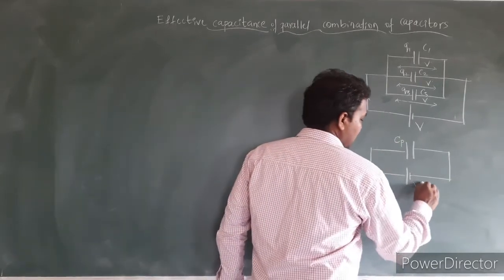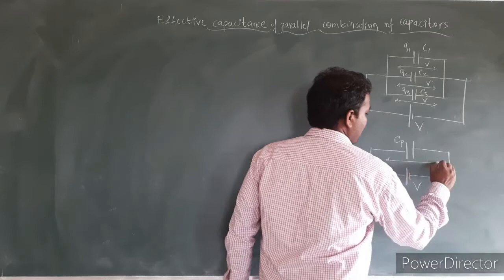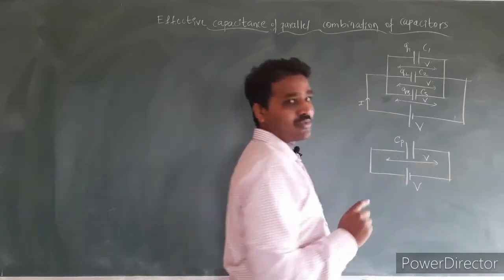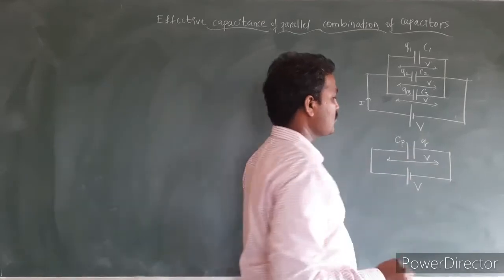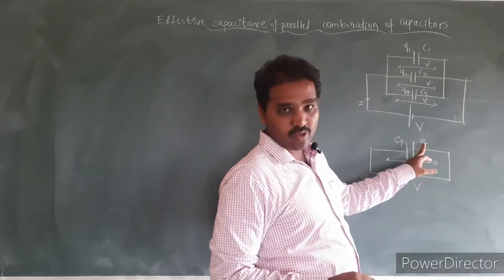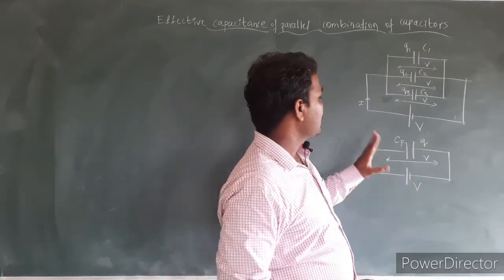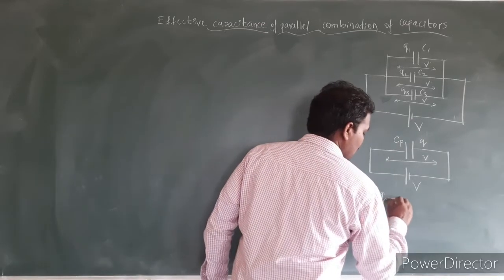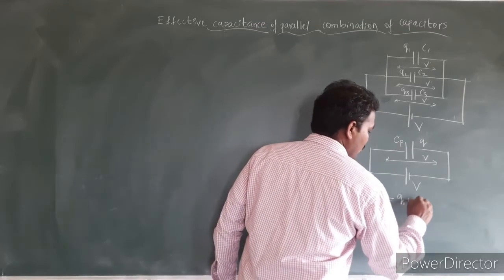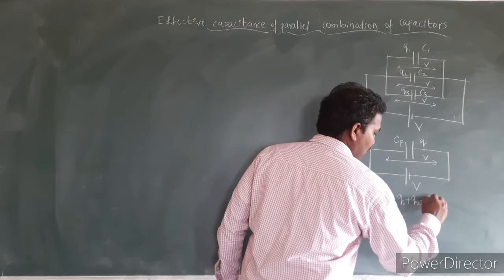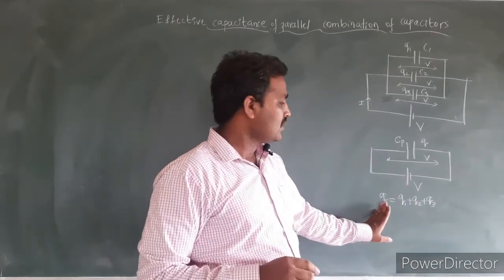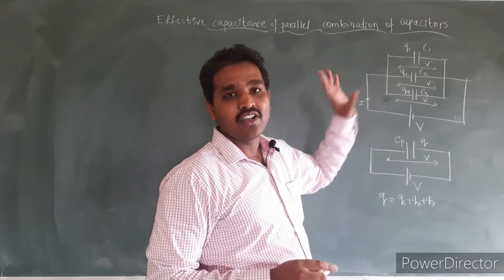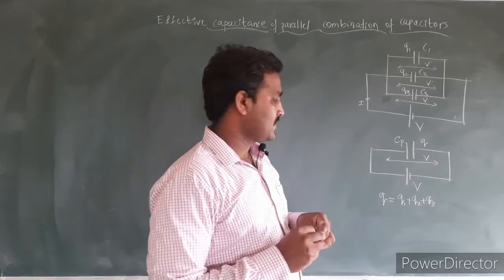Let the supply voltage be V; the potential drop across this combination will also be V, and the charge stored in the combination will be Q. So Q, the total charge stored, is equal to Q1 plus Q2 plus Q3. This is the magnitude of the net charge stored in the combination of capacitors.